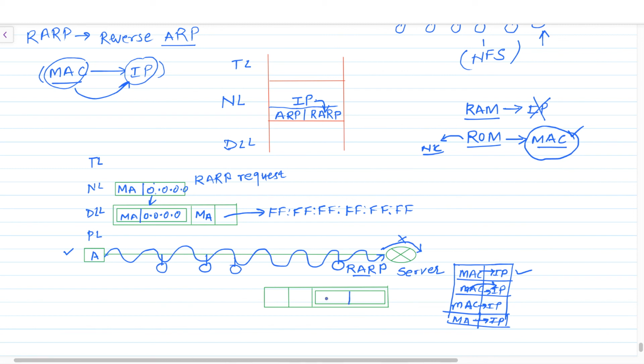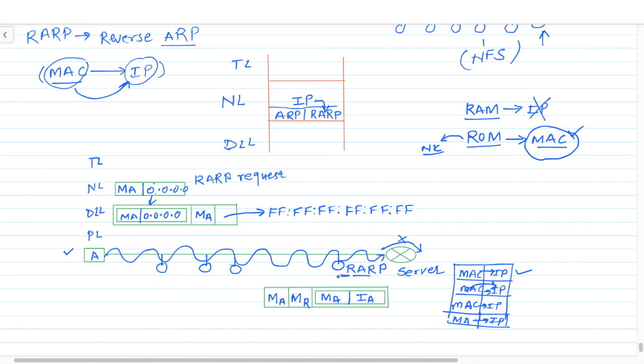That is, this is the MAC address of A and its associated IP in its record. And this information will be forwarded to this host A. In order to forward this reply, this RARP server is going to mention its own MAC address, that is MR, as the source MAC address, and in the destination MAC address it is going to mention the MAC address of A.